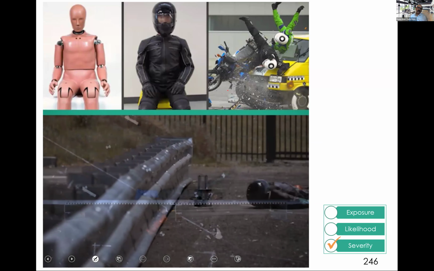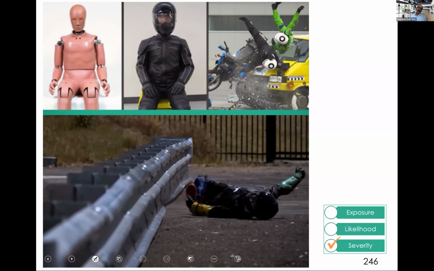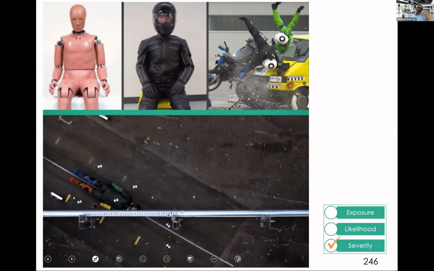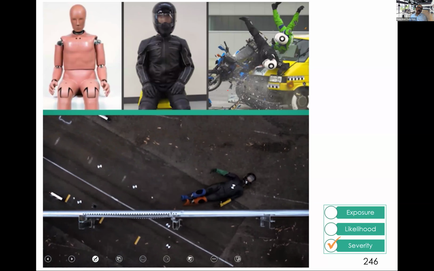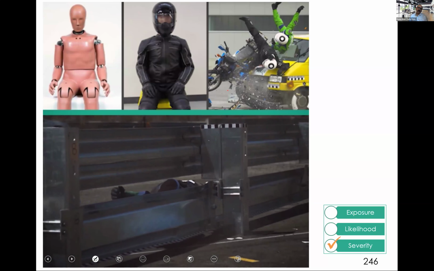That's at 60 kilometers per hour. With an underrun protection on the barrier system, it brings that within survivable forces for the motorcyclist. It is a pass in that test. It's not going to be the most friendly thing, but it is survivable. It brings things within that tolerance.